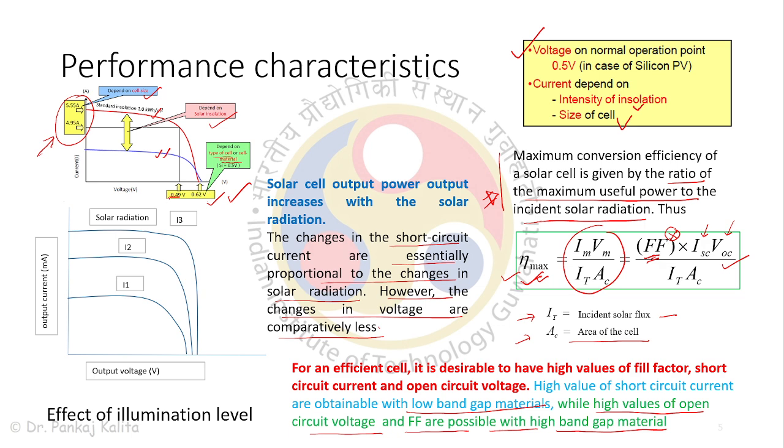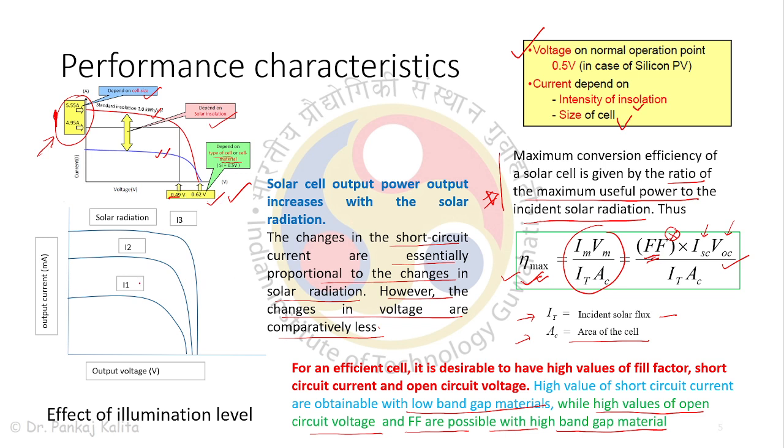So V depends on material, and I depends on cell size and the insolation. As insolation increases, the incoming solar input increases, and your current will also increase. And as the size increases, your current value will increase. That is well understood, I hope.